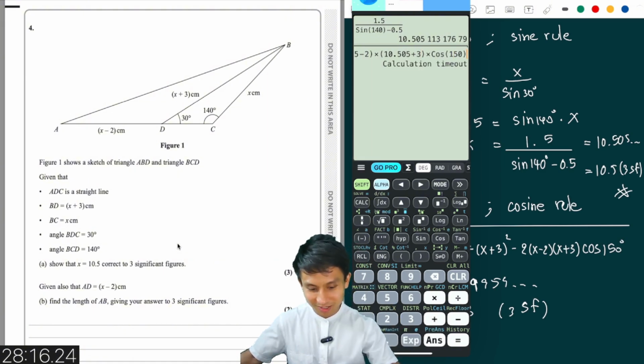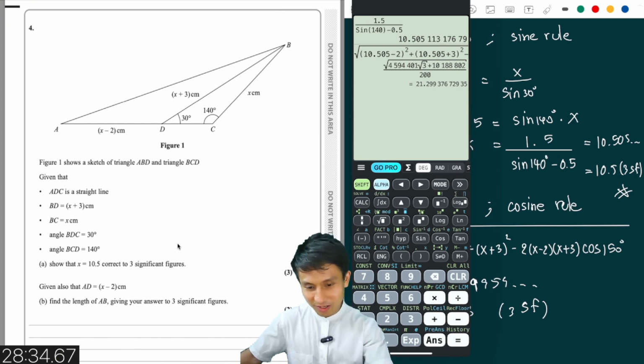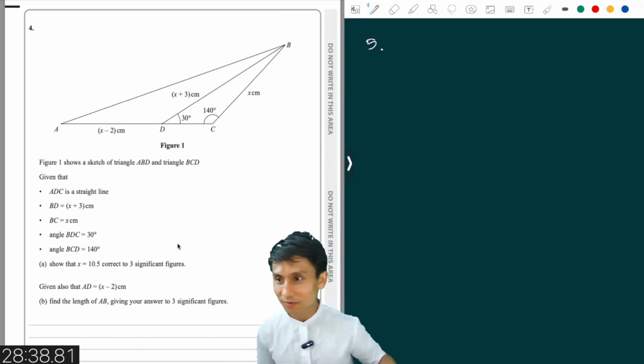Wait, what? A calculation timeout. Am I doomed here? Hang on. 10.505 plus 3. What's the problem with that? Cos 150. There doesn't seem to be any problem there. Okay, 20. Yeah, okay, that's right. Let's go to the next question, number 5.